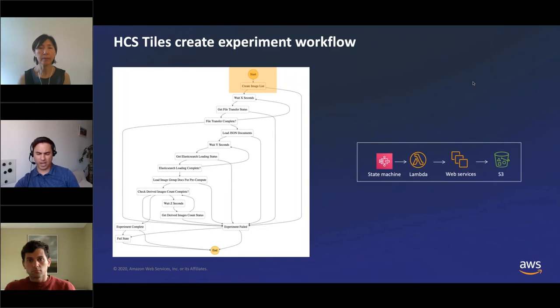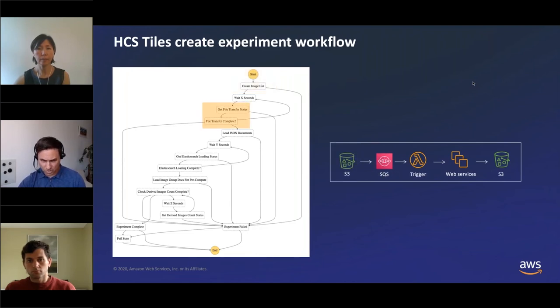When the UI is invoked, essentially the first step is to get a list of images that we need to operate on. So it's invoking a Lambda that's calling some web services, and then it's persisting that list of images in an S3 bucket, right? So after we create the image list, we're actually going to poll, and we're going to make sure that if we don't have the files in S3 already, we're going to transfer them from on-prem.